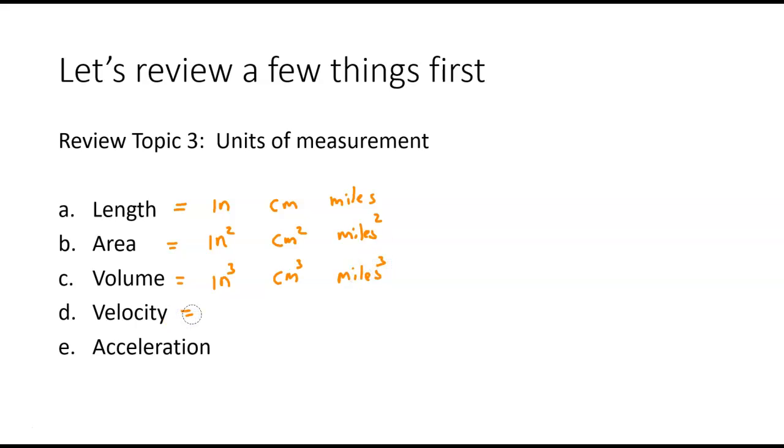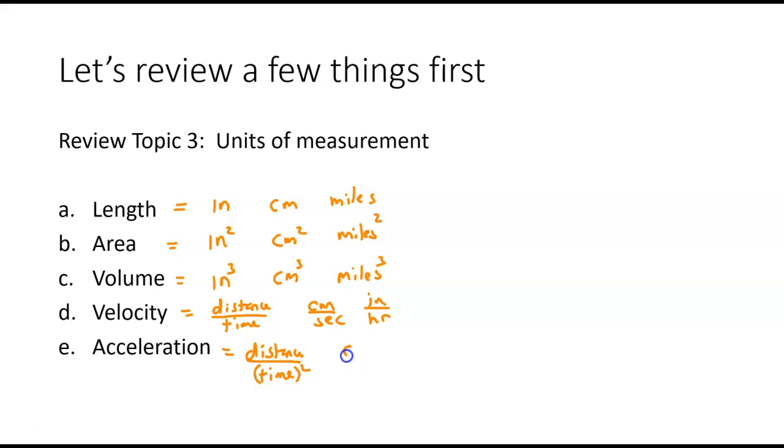Velocity. You guys know that's like a distance over time, right? So it could be any number of things, but it could be centimeters per second, or inches per hour, or whatever. Acceleration is the same thing as velocity, but the time factor is squared.